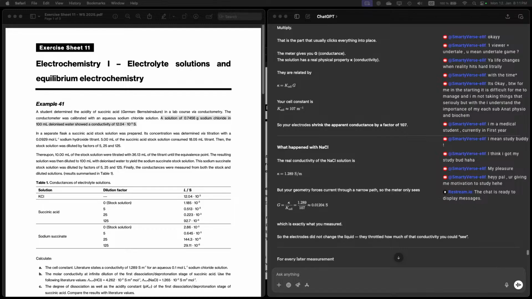The conductance is decreased by a factor of 107 due to the electrode dimensions we have compared to the literature.